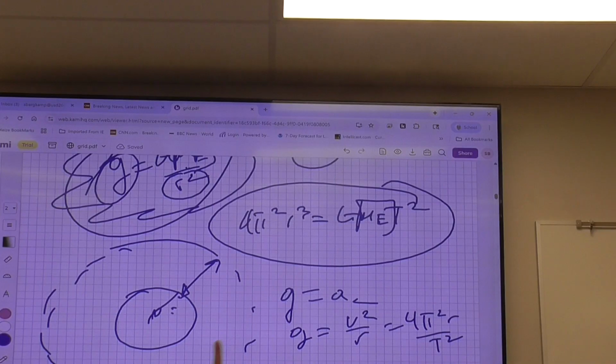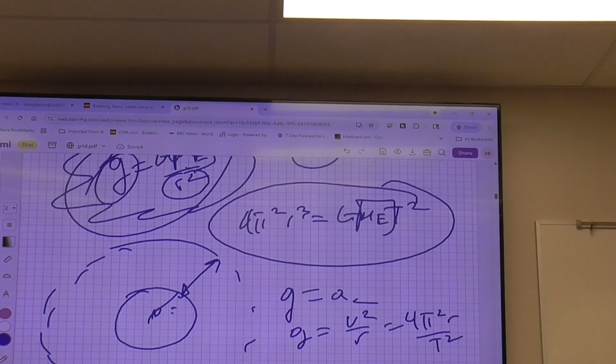I'm going to give you information about a satellite. I'm going to say, hey, what's the centripetal acceleration? Or I might say, what's the value of little g at that altitude? Whether you find the centripetal acceleration or you find the value of little g, it's the same thing, okay? Because what's creating the centripetal force is gravity. So that's what allows you to set the centripetal acceleration equal to little g, okay?